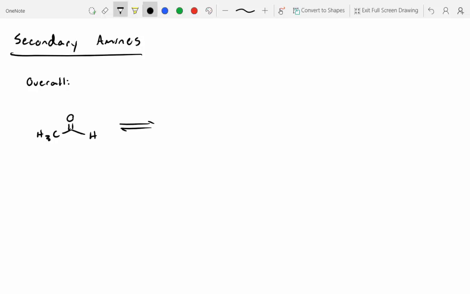This is really similar to formation of imines, so we've got to use an acid catalyst. But in this case, we're going to use a secondary amine. So we've got two R groups coming off of the amine. When you do this, you actually get CH2 over here.